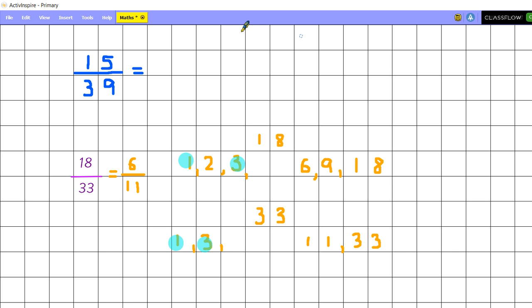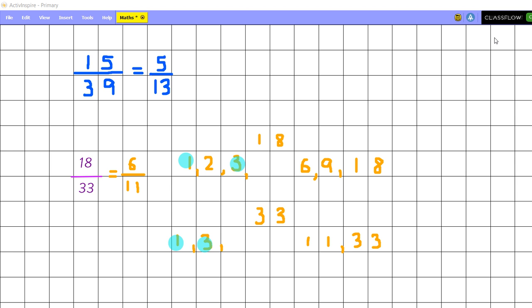So can you find for me the factor pairs of 15, like we did here, the factor pairs of 39, then find the highest common factor before you then divide each of those by this. Okay, so pause the video and have a go at doing that for me.